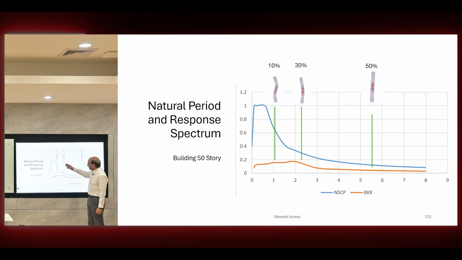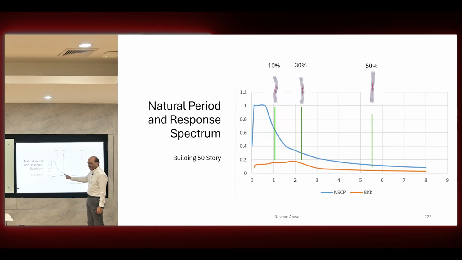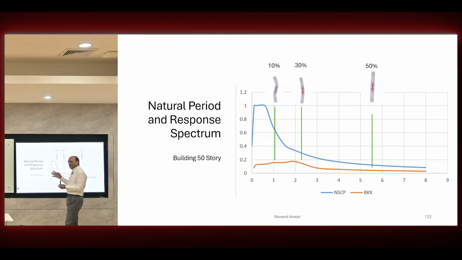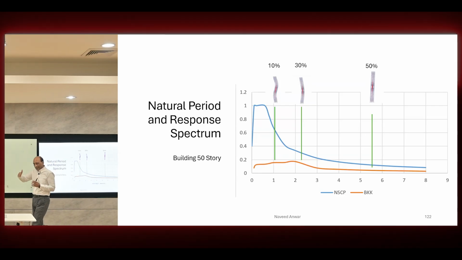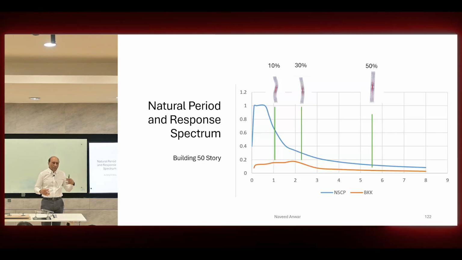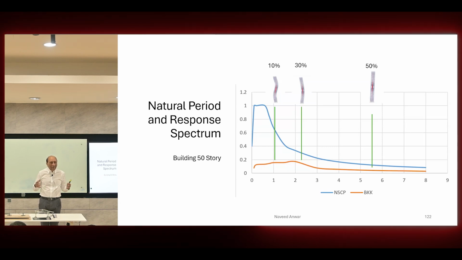The second mode has 30% mass participation, and now the ordinate has become higher, so 0.25 will be multiplied by 30%, and so on. This means that as we go to higher modes, the modal participation drops, but the response spectrum ordinate increases, right? So the response spectrum method takes this into account by using the combination rules and all.